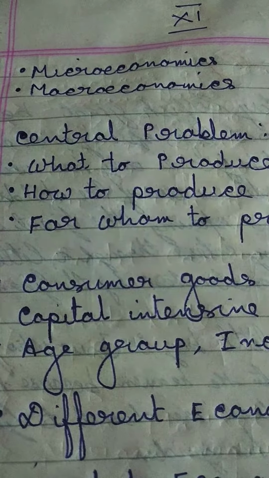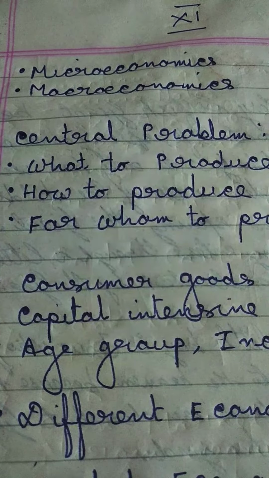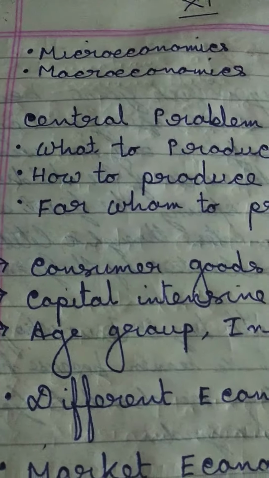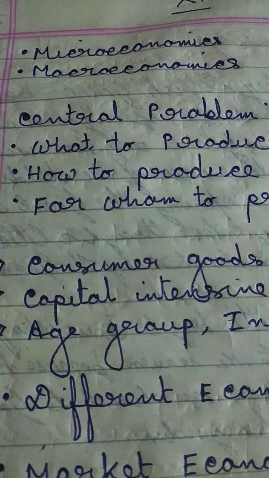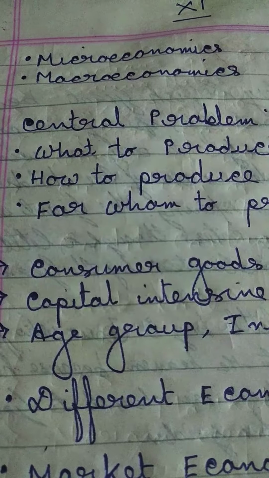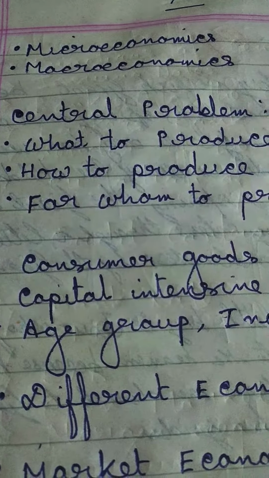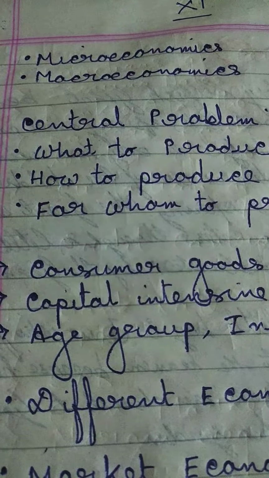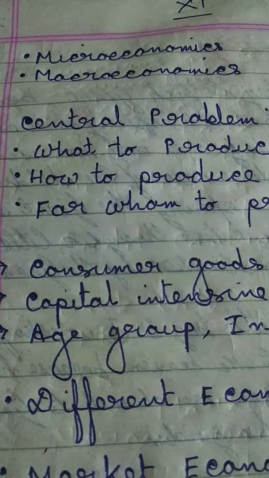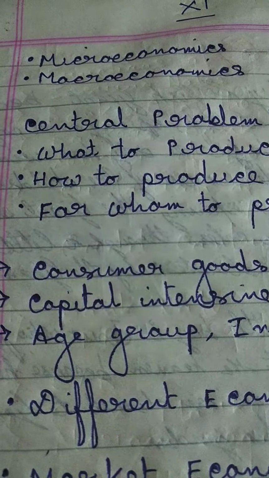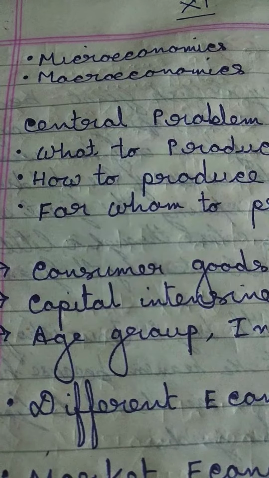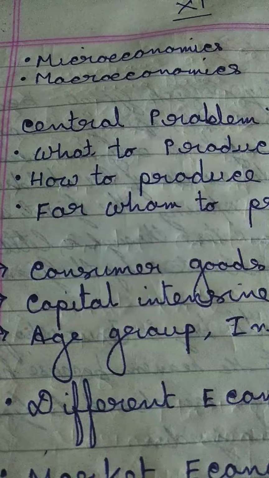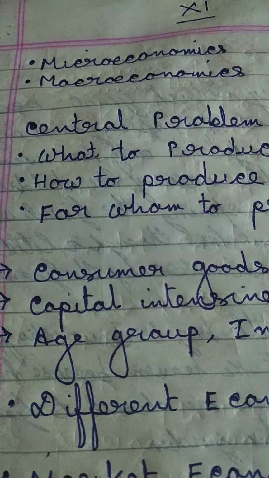Now come to macroeconomics. Macroeconomics basically deals with the central issues. I think you all are aware of those central issues, like the overall level of employment, which we learned about in class 9 and 10 also, and the growth rate of national output, the general price level, the stability of the economy.